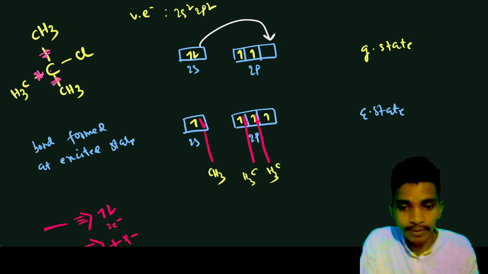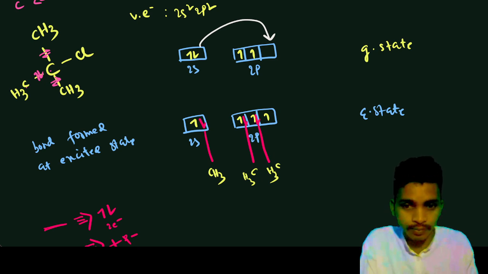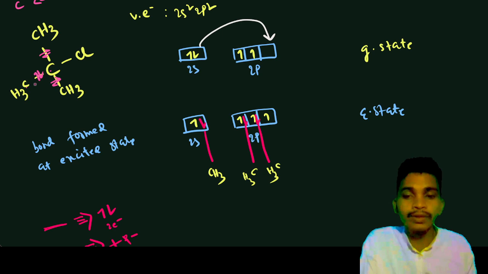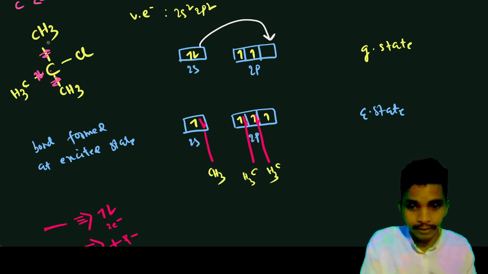Here also the same thing, but in the case of chlorine and carbon, if I talk about electronegativity, chlorine has a very high electronegativity compared to carbon, because it is a halogen. The more electronegative atom abstracts electrons towards itself.